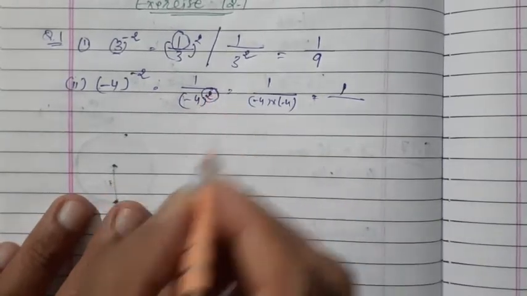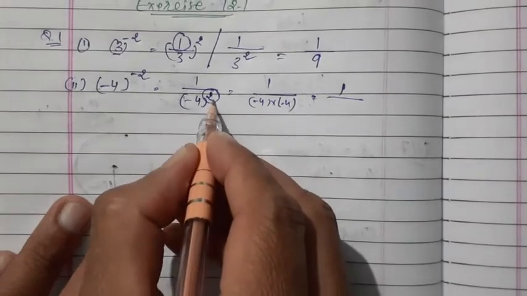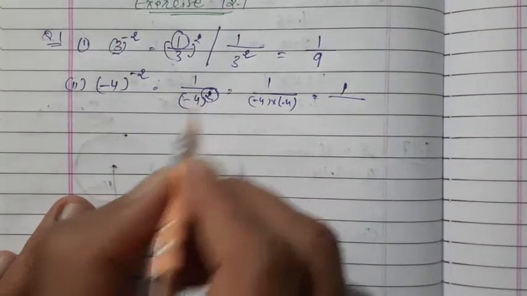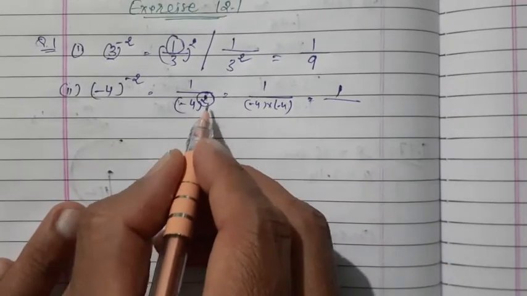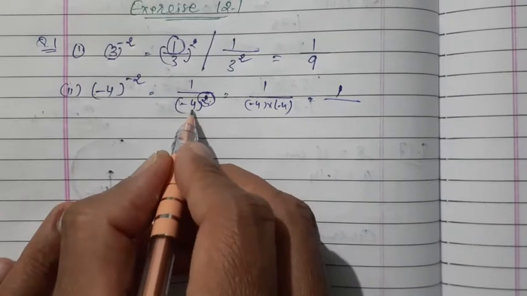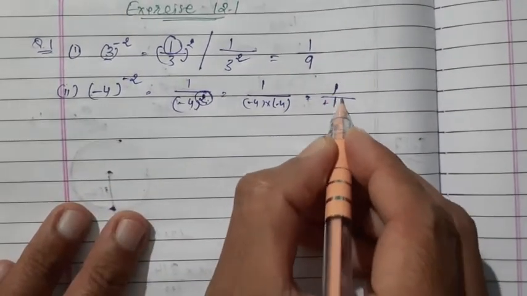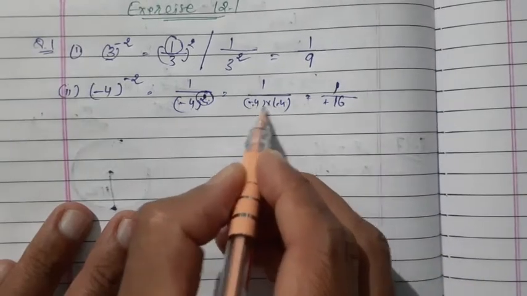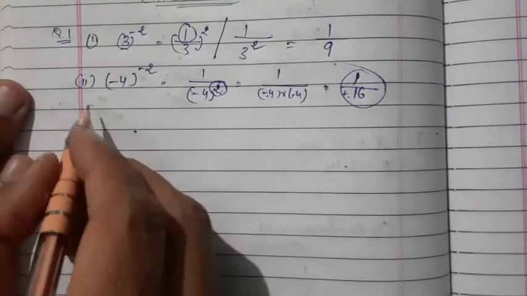When power is even number, that time we get plus answer because minus minus convert into plus. Okay. And odd number is there, we get minus answer. So minus convert into plus, and 4 square means 4 into 4, that is 16. Otherwise, look, minus minus plus, and 4 4s are 16. So answer is 1 upon 16.